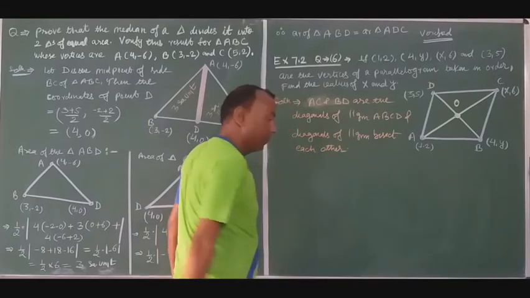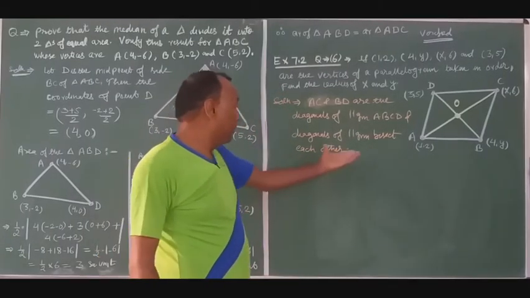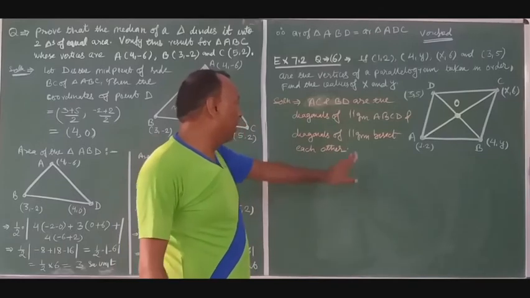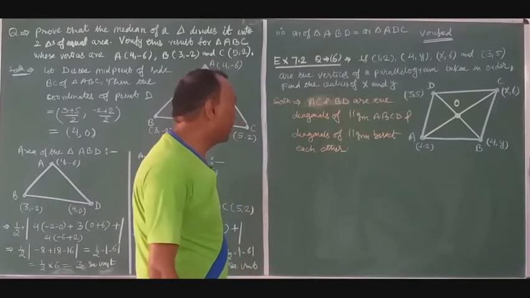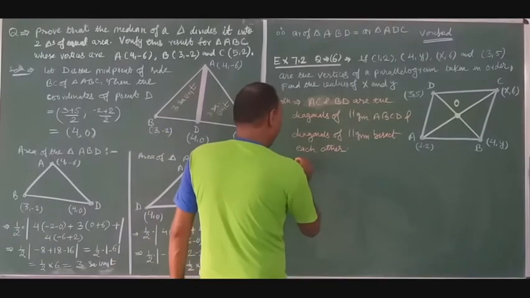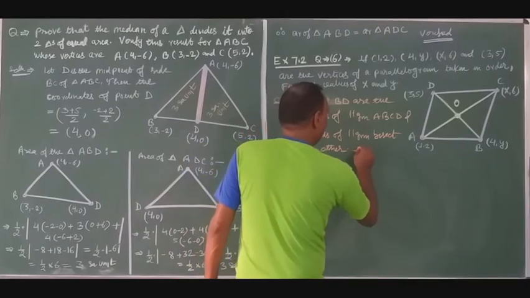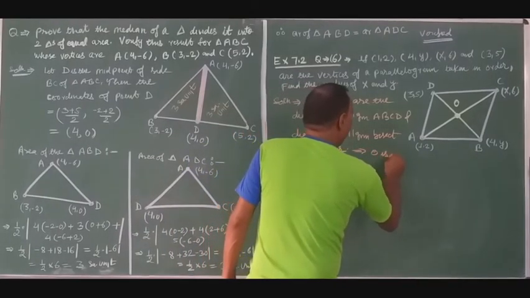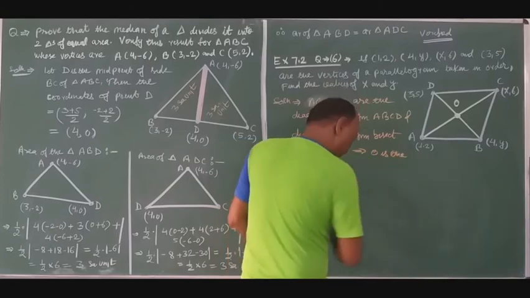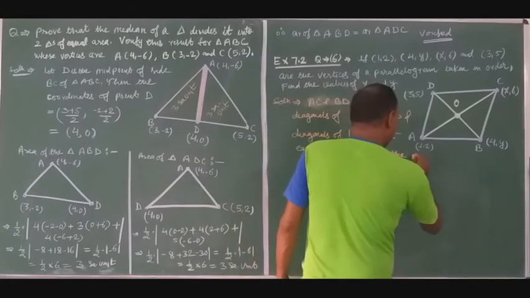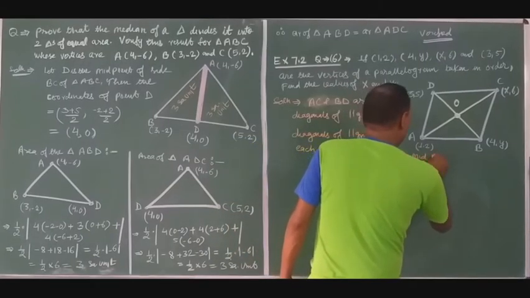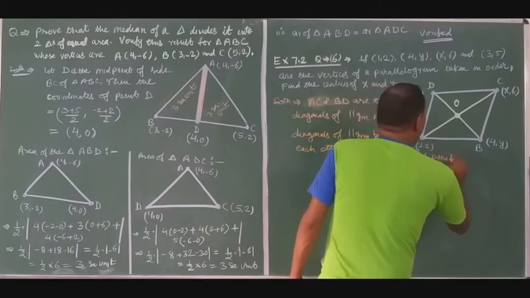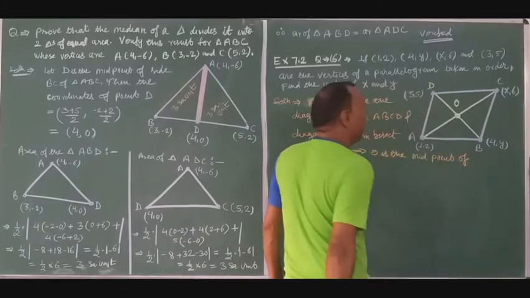The diagonals of a parallelogram bisect each other. What does it mean? It means O is the midpoint of which one?